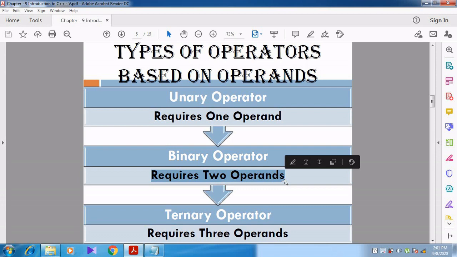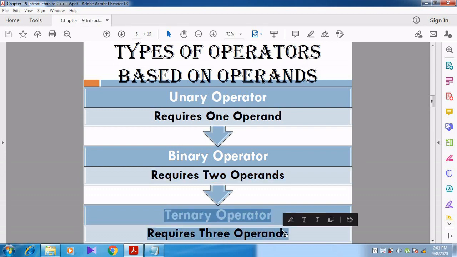Then a ternary operator requires 3 operands. Can you understand, students? So how many types of operators are there based on operands? There are 3 types: unary, binary, ternary. Unary means it requires 1 operand, binary means it requires 2 operands, and ternary means it requires 3 operands.